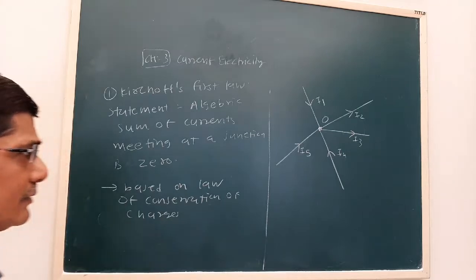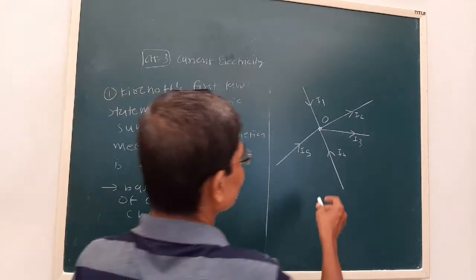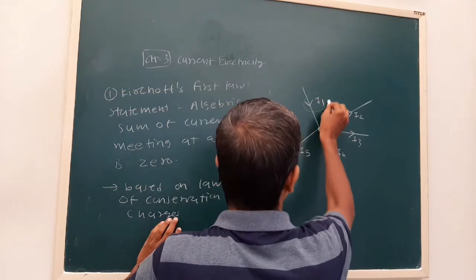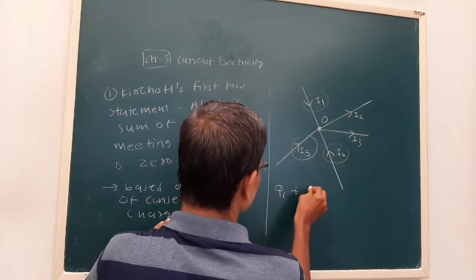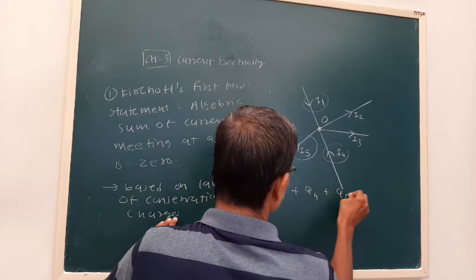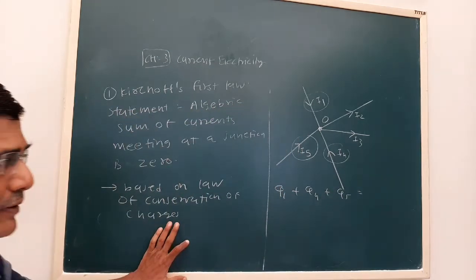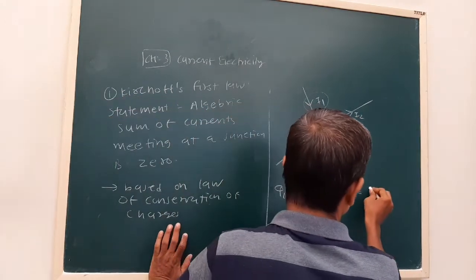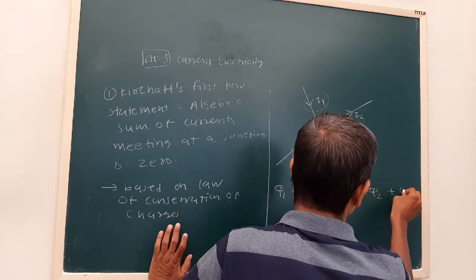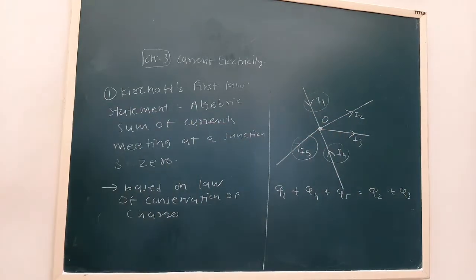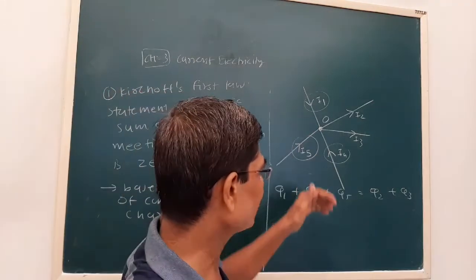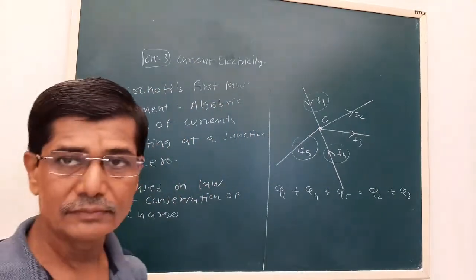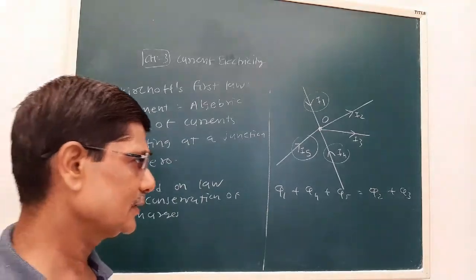Now see the law of conservation of charge. The charge coming toward the junction is Q1 plus Q4, and moving away from the junction is Q2 plus Q3. As a sign convention, charge coming toward the junction we take positive, and moving away from the junction we consider negative.